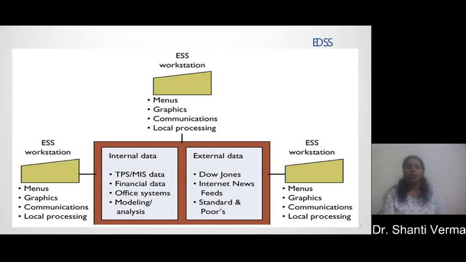These workstations deal with internal and external information or data, where the internal data includes the TPS, that is transaction processing data, or the MIS, management information data. There might also be some financial data, office systems, and modeling and analysis. External data combines Dow Jones, internet news feeds, and Standard and Poor's.